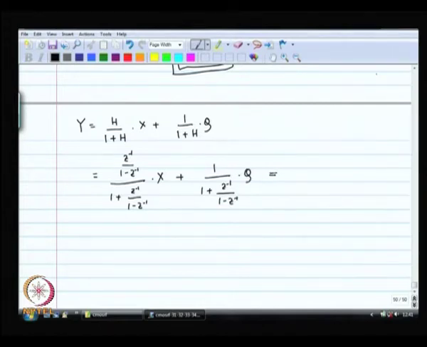Now, multiply numerator and denominator by 1 minus z inverse. So, you have got z inverse in the numerator, in the denominator you have got 1 minus z inverse plus z inverse, which is 1 times x plus again 1 minus z inverse in the numerator divided by 1 times q. So, you have got z inverse x plus 1 minus z inverse times q.